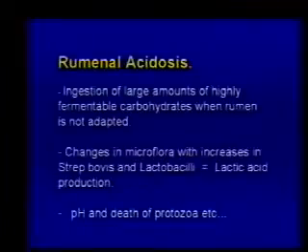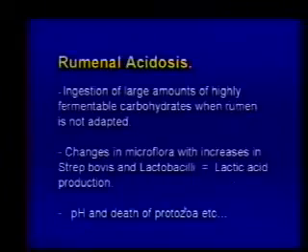So changes in the microflora occur with an increase in Streptococcus bovis and Lactobacillus. These fermentable carbohydrates start lowering the pH, and consequently Strep bovis and Lactobacillus bacteria predominate, and they produce lactic acid.